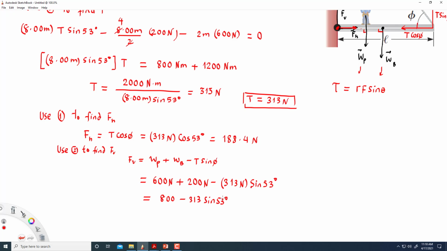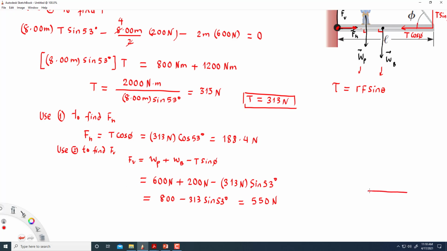So 800 minus 313 sine 53, so that gives me 550 Newton. Okay, so we found FV and FH.